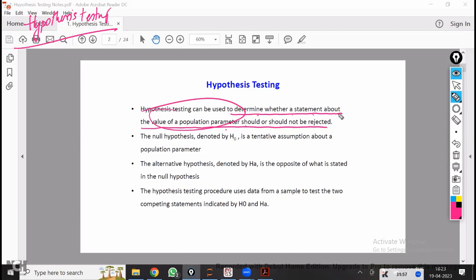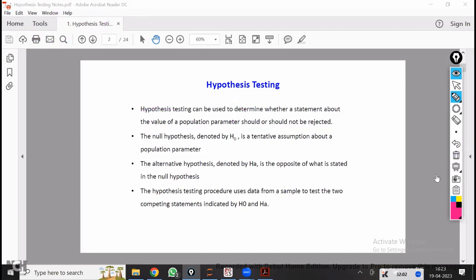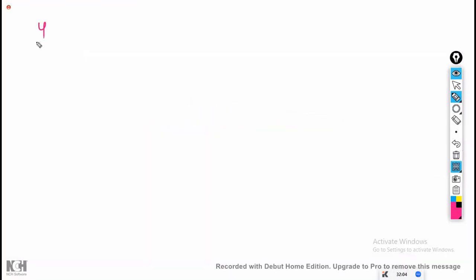For example, if I say that in this class, average feedback is greater than 4.5, this is one statement.